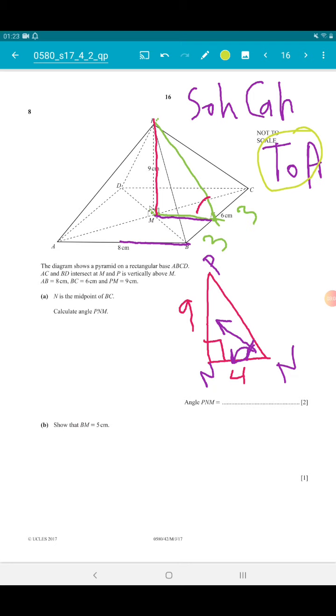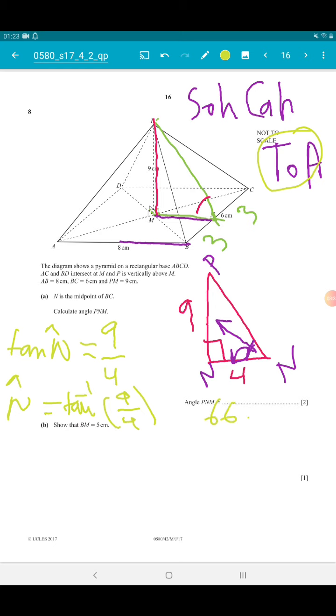So tan N equals the opposite side over the adjacent, 9 over 4. So N equals tan inverse of 9 over 4. Go to your calculator, you can simply find it. It's 66.04 degrees. Okay, no problem.